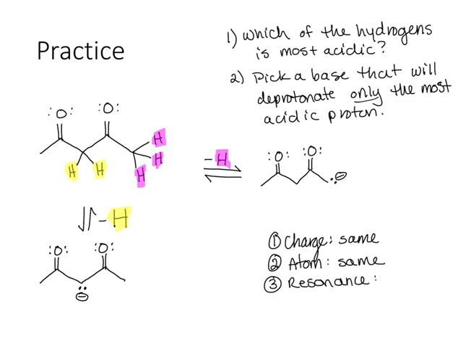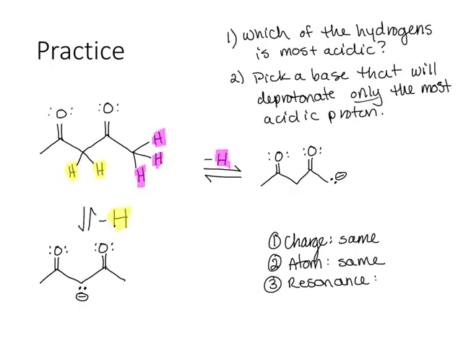Looking at the product for the loss of a purple hydrogen, are there any resonance structures? Yes. Notice that we have a lone pair next to a single bond, next to a double bond.